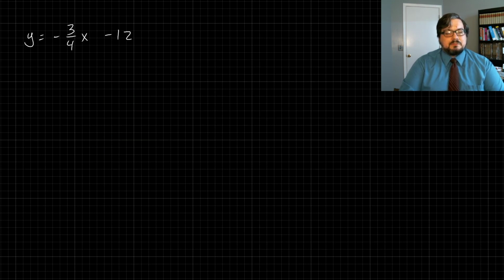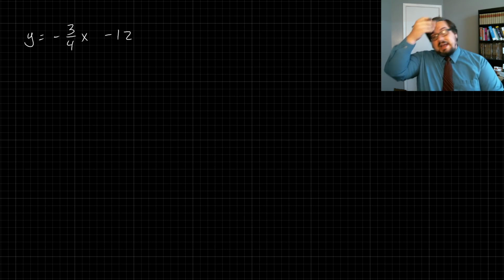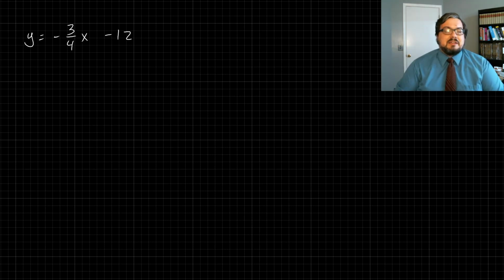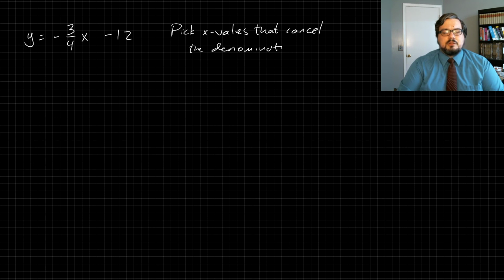minus 12. Now, one trick that I would recommend you take advantage of, especially when you're working with lines that are expressed in this form, which we'll have a name for in the next section, is try picking x values that cancel the denominator of the coefficient of x.